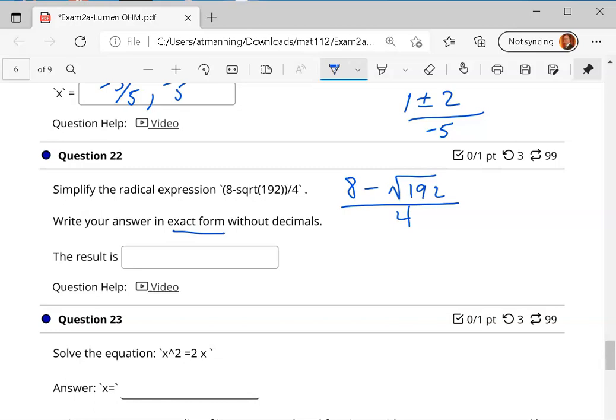Well, 192, let's look, what would that be? 96 times 2, or, let's see, 96 is 48 times 2. Well, 48 is 24 times 2. And that's 12 times 2 times 2 times 2, right?